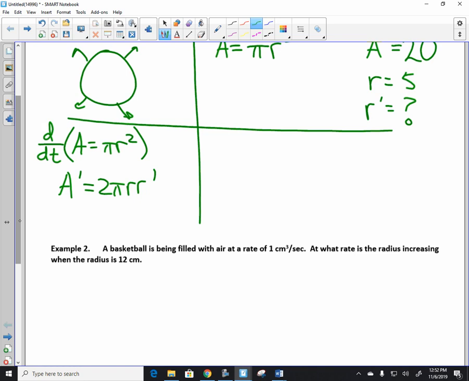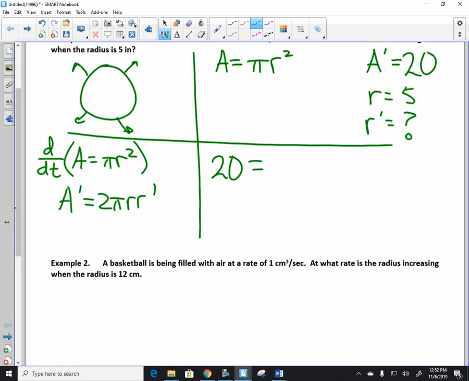Okay, now we look at our knowns and our unknowns. What is a prime? It's 20 is equal to 2 times pi times, what is r? 5 times r prime. Are we now going to be able to solve for r prime? Easy.